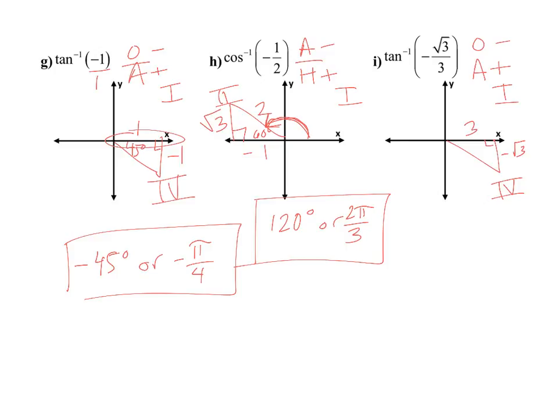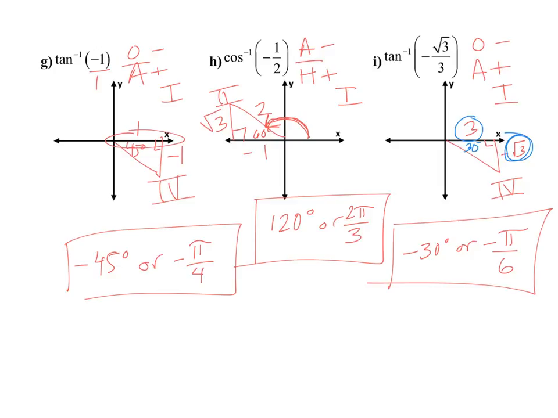You have to think a little bit about this one. If I take this leg and multiply it by square root of 3, I get this leg. That'll be the property of a 30, 60, 90 triangle. So that's your short leg. That's 30 degrees there. You're looking for your rotation once again. So you rotate -30 degrees or -π/6 radians. Pretty simple stuff once you get the hang of it.